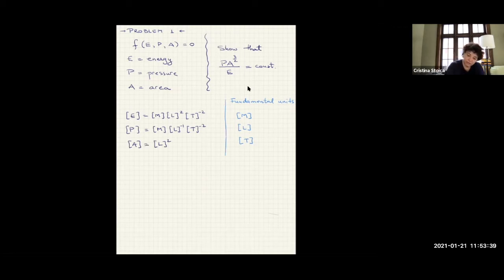So the relation that is given, let's call it relation 1.